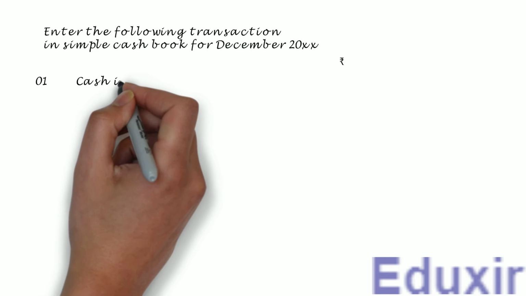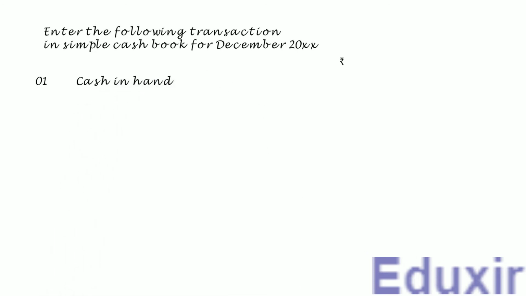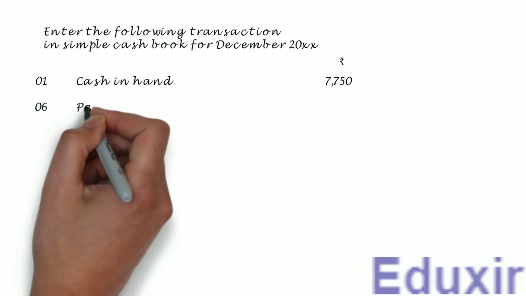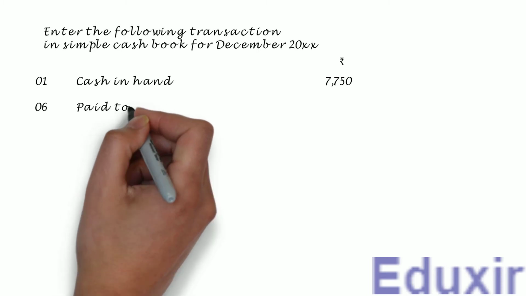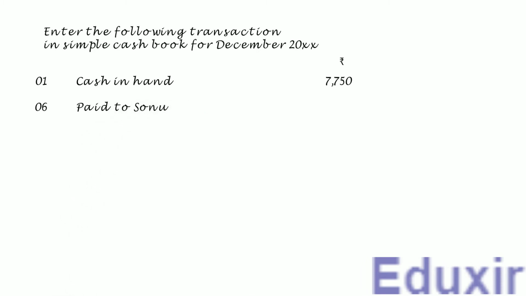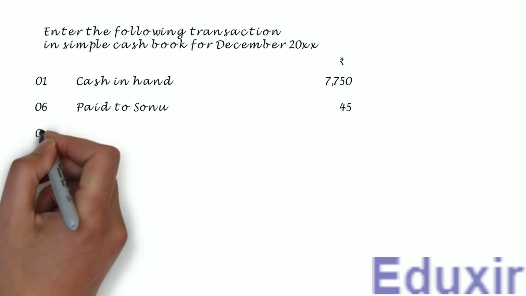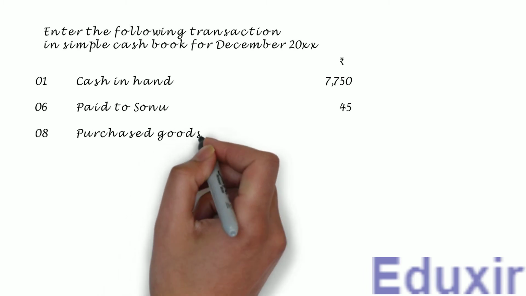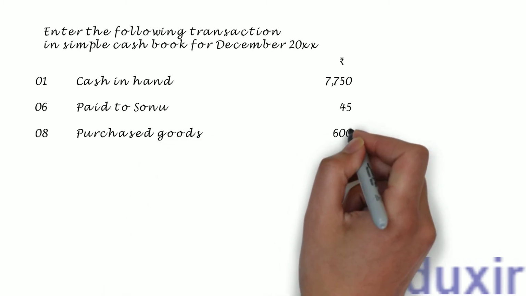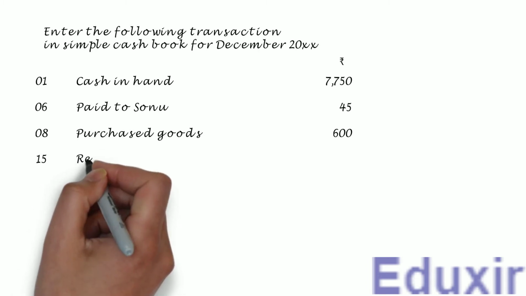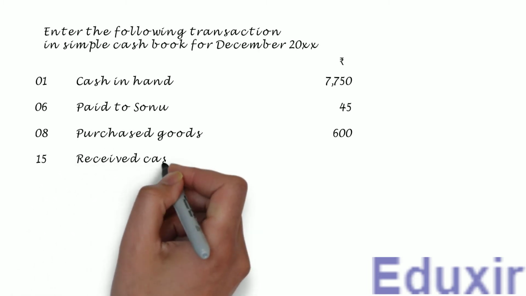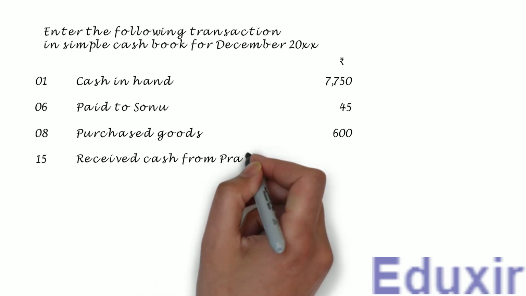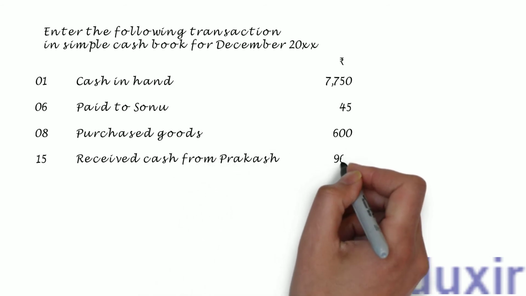On 1st December, cash in hand 7,750 rupees. On 6th December, paid to Sonu 45 rupees. On 8th December, purchased goods 600 rupees. On 15th December, received cash from Prakash 960 rupees.